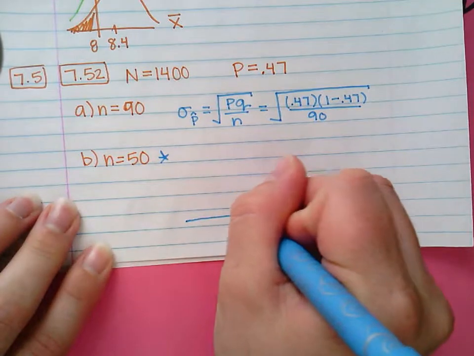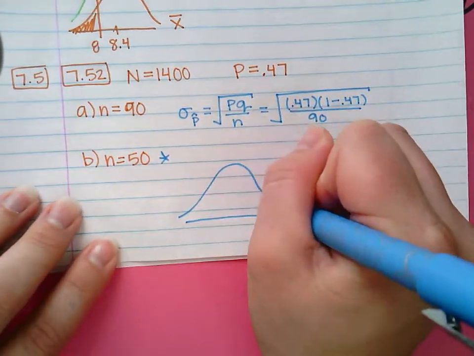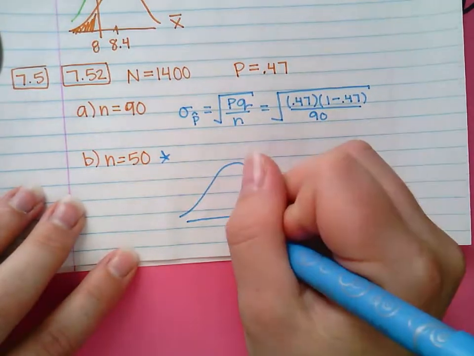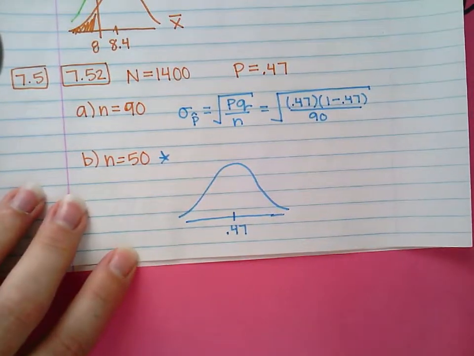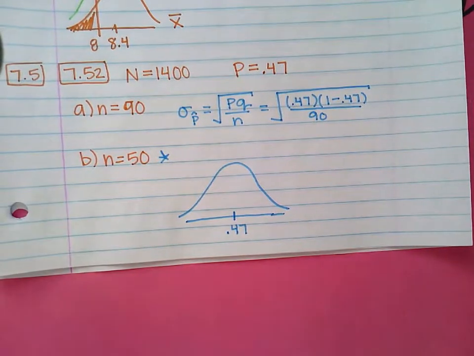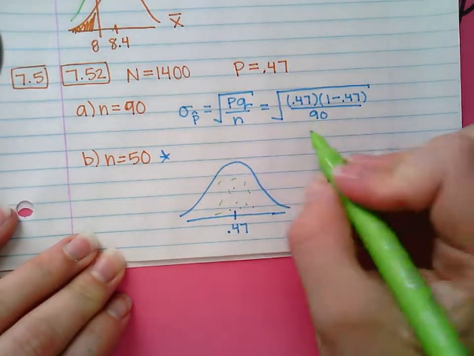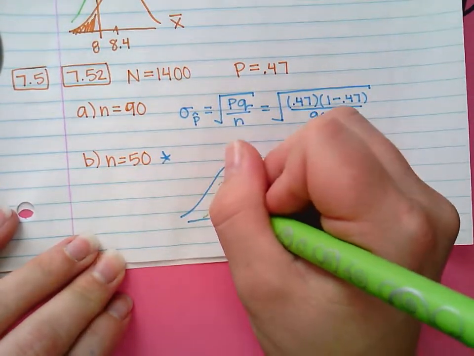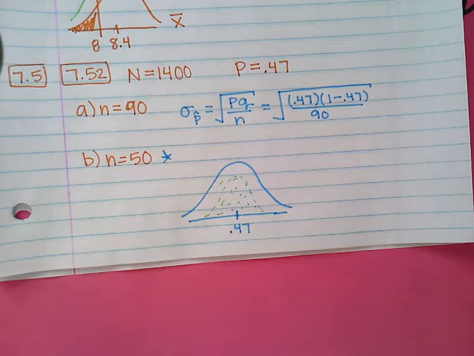Similarly, though, for central limit theorem, what's happening here is if this is our entire population, the 1400, and our center is at 47%. As you're taking these samples, you're taking that 90, right? This is going to now be that sample standard deviation here, okay?